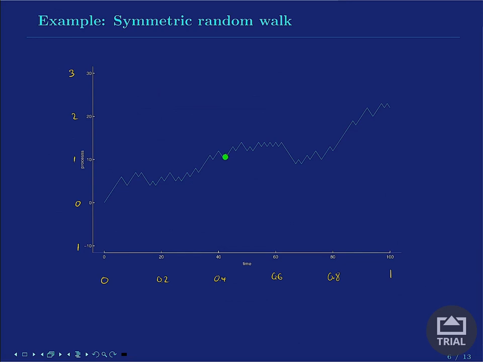So these steps must in the limiting process be diminished. And we do that by scaling them down, by a factor that guarantees that in the limit we have a proper variance of a standard normal distribution.